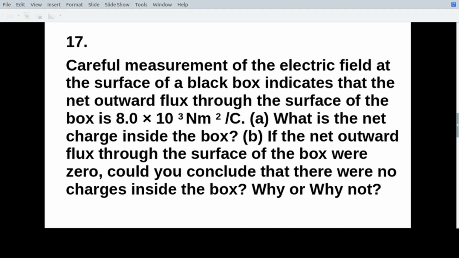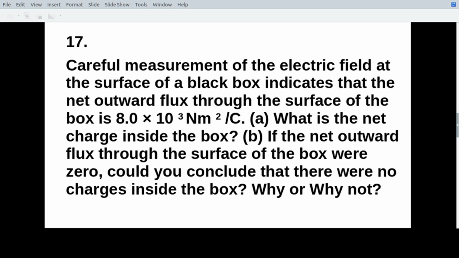Now, second part of the question, if the net outward flux through the surface of the box were 0, could you conclude that there were no charges inside the box? Why or why not? Hope you understood the question. In the first part, you are asked to find out the net charge. In the second part, you are given that the net outward flux is 0.